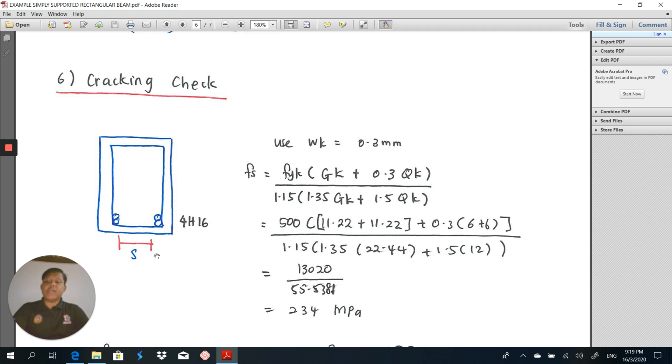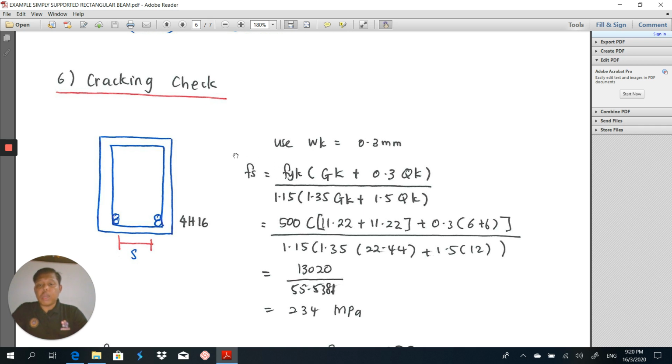Therefore, I only have one spacing here. You may arrange your reinforcement, for example, 1, 2, 3, 4 here. Then you have 3 spacings. But when you have 3 spacings, you have to make sure that the spacing is more than the minimum, which is 25 millimeter. Assume that the WK I'm using here is 0.3 millimeter.